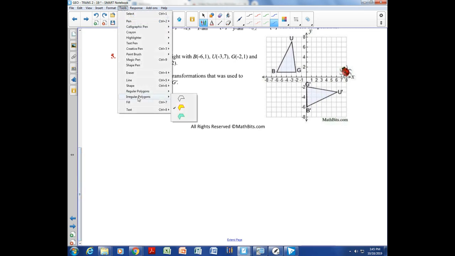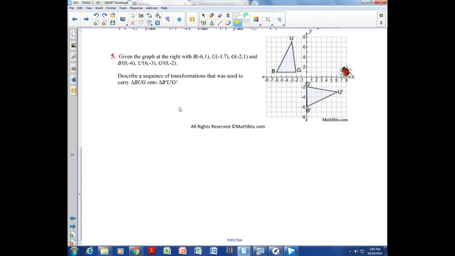Okay, so I'm going to highlight B, U, G. And one thing I like to do when I'm trying to figure out a series of transformations, there are several different answers to this question, and they all would be acceptable on a Regents.